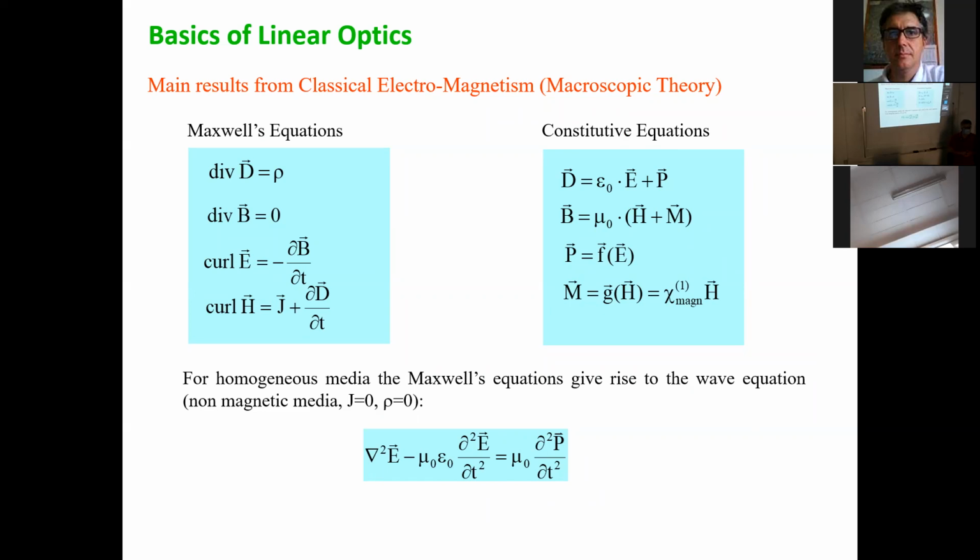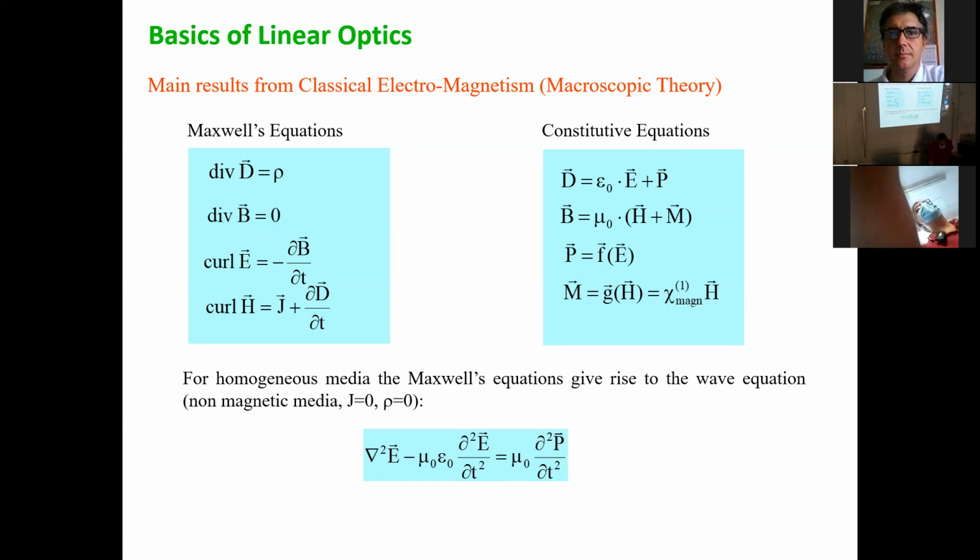So the daughter is a mechanical oscillator, the dad is the forcing force. When you write the equation for this system, you have the equation of the mechanical oscillator and the effect of the force is on the right-hand side here, the so-called driving term.